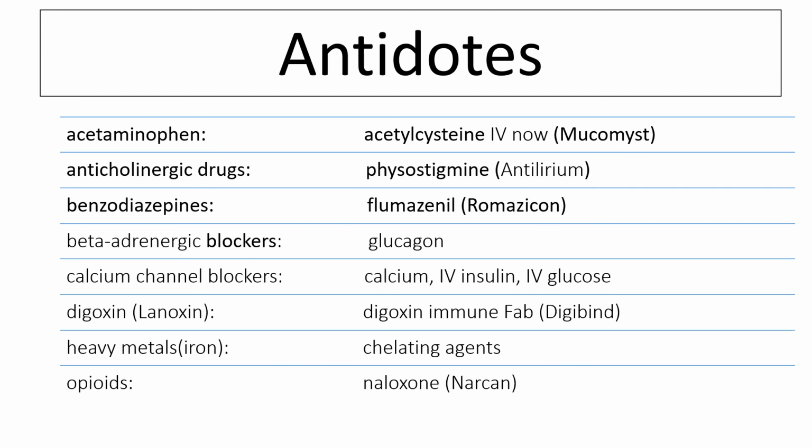Anticholinergic drugs. If you overdose on an anticholinergic drug, say you were just given much too much atropine or a scopolamine patch behind your ear, we can help reverse that by giving physostigmine, which, remember, is a drug that blocks acetylcholinesterase.